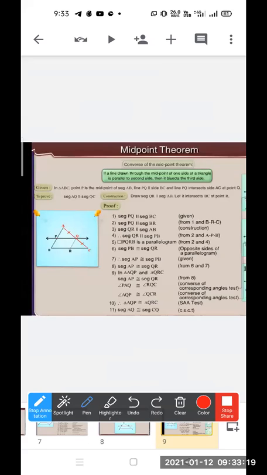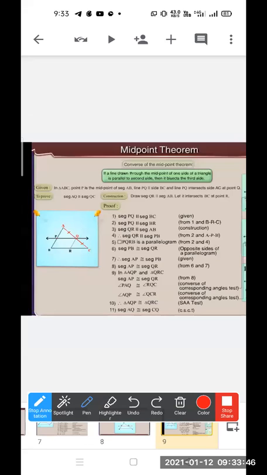And segment AP is congruent to segment PB, since P is the midpoint of segment AB. Therefore, by transitivity, segment AP is congruent to segment QR.